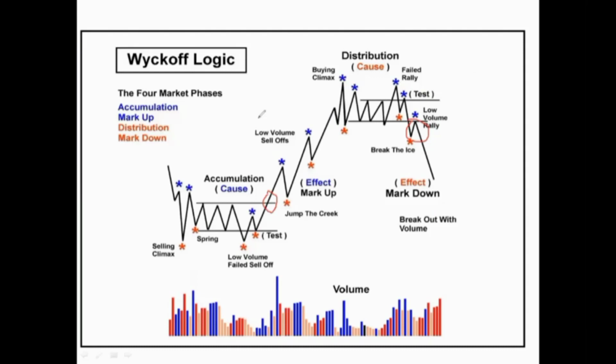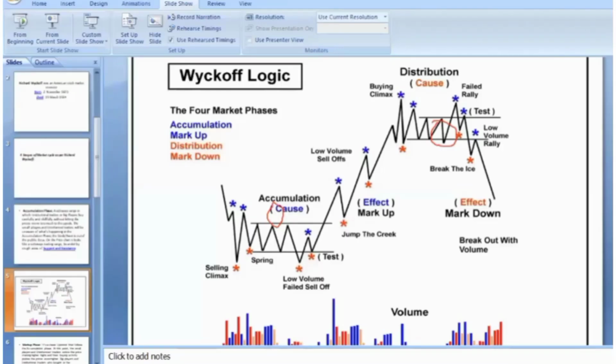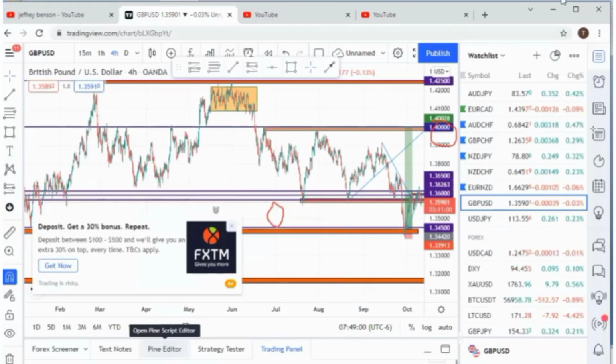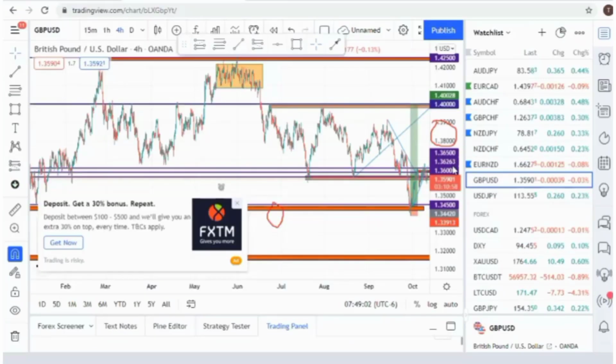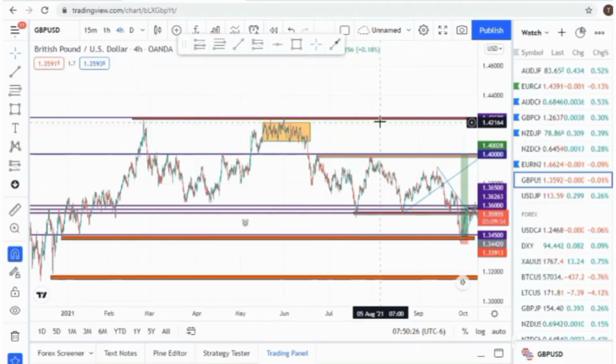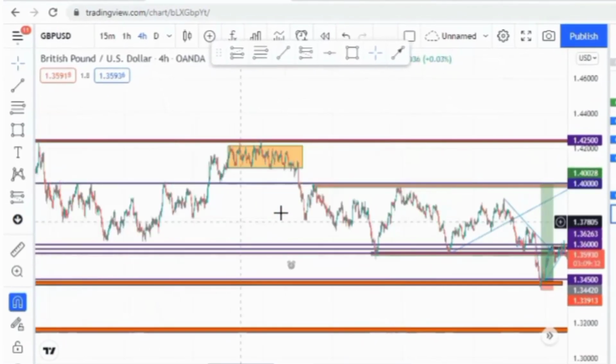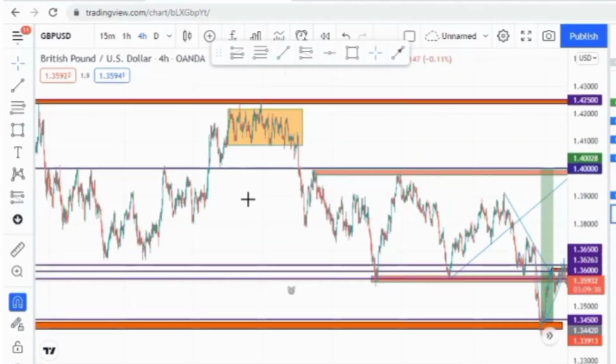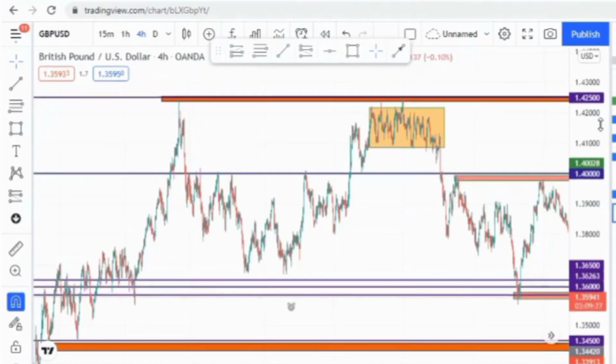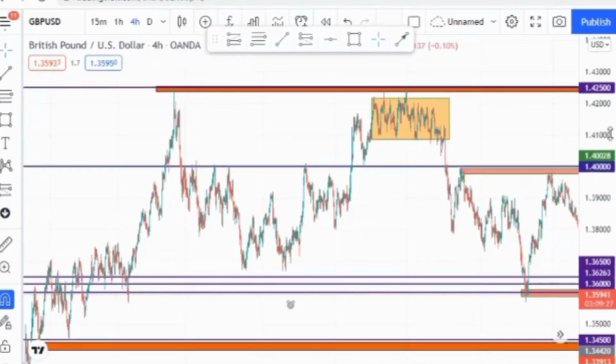Now with this insight, let's quickly hop into the chart and I will show you where most of this occurred. The first scenario I'm going to use is GBPUSD. Coming to GBPUSD, you can figure out the clone box, and that is the distribution phase.